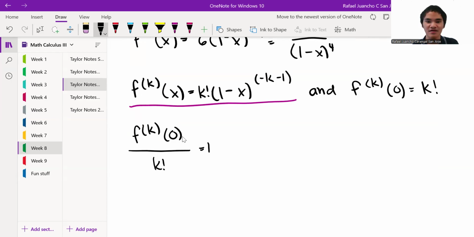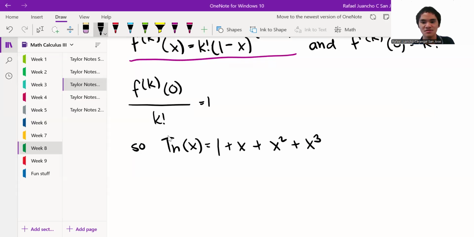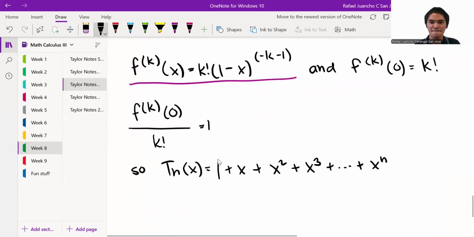And then from there, now that we know this, my nth polynomial is actually 1 plus x squared plus x to the third, all the way to nth. Right?